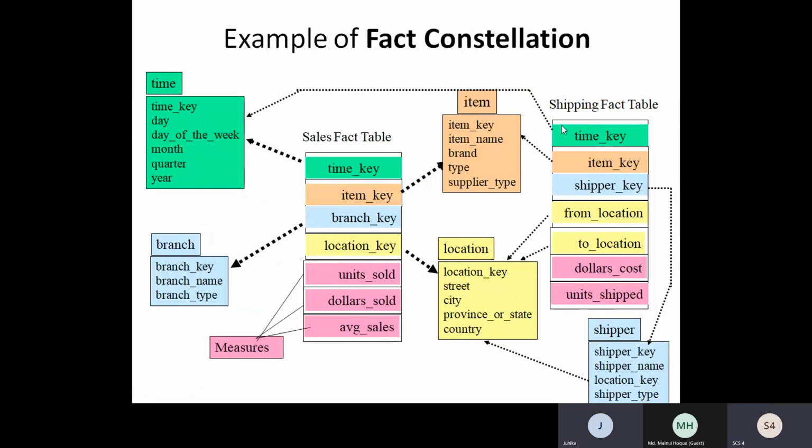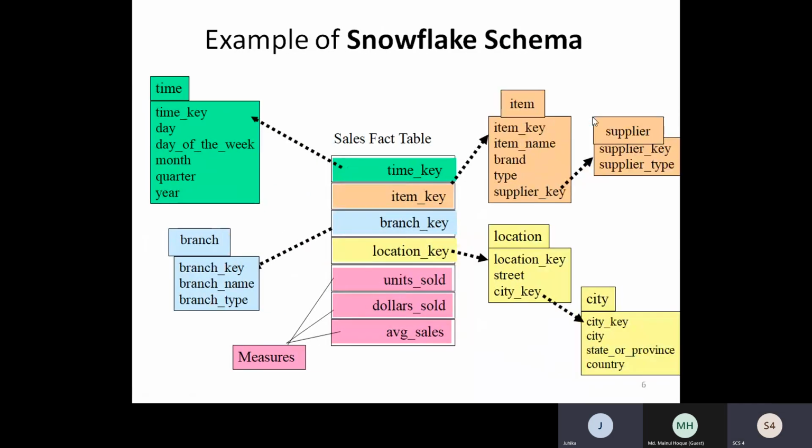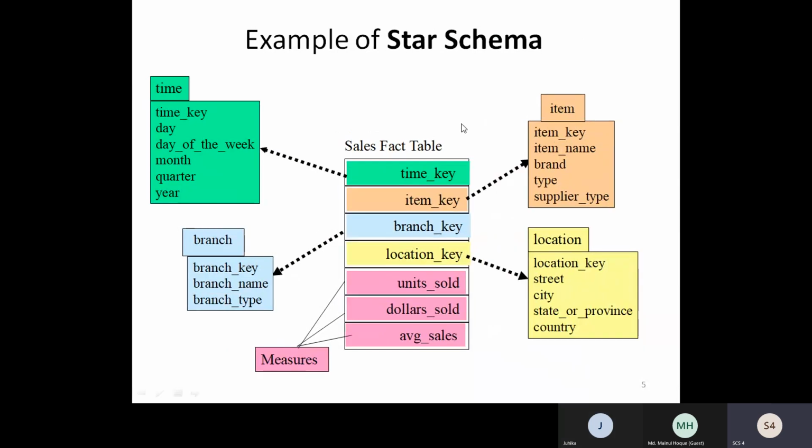Sir, in star and snowflake schema, we have fact table that is only one. We cannot exceed more than one, right? We restrict it to one. You can increase it, but generally it is one in case of star schema. You may increase it, but that will no longer be the star schema. जब आप increase करोगे, यहाँ मैंने और एक fact table put कर दिया, तो वो किस टाइप का फॉर्म लेंगे?